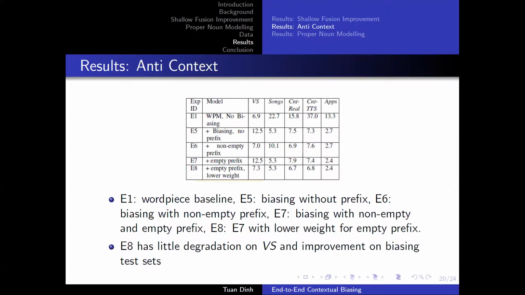The table shows the word error rate of the anti-context evaluation, and E1 is the baseline. And we want to see little degradation of other systems with biasing.